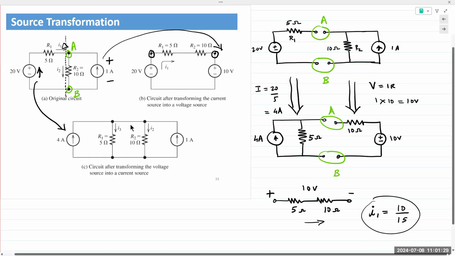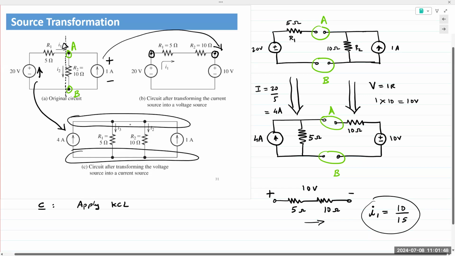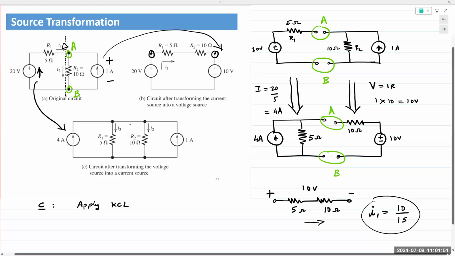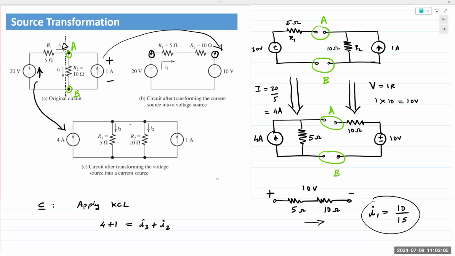So let me quickly just talk about C. When we talk about circuit number C, you would apply KCL because you have two current sources. If you look, these are in parallel because the bottom nodes are connected together and the top nodes are connected together. So the voltage would exactly be the same. If you apply KCL, we can have 4 plus 1 equals I3 plus I2. Two resistors in parallel, we can find Req.